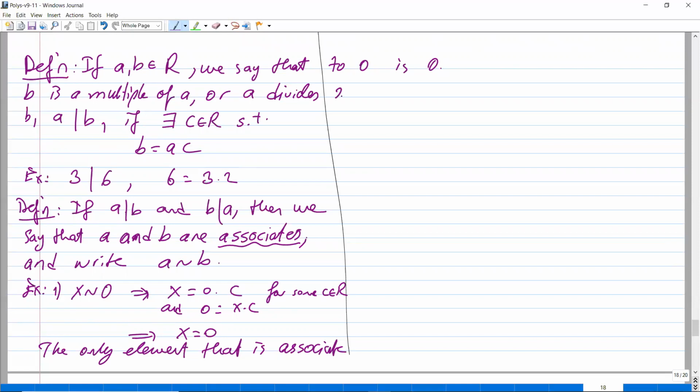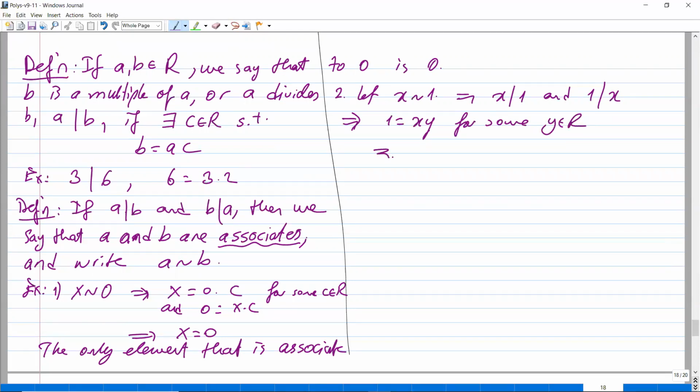And second, suppose x is associated to 1, then x divides 1 and 1 divides x. Since x divides 1, we can write 1 equals x times y for some y in R. So that means x is a unit.